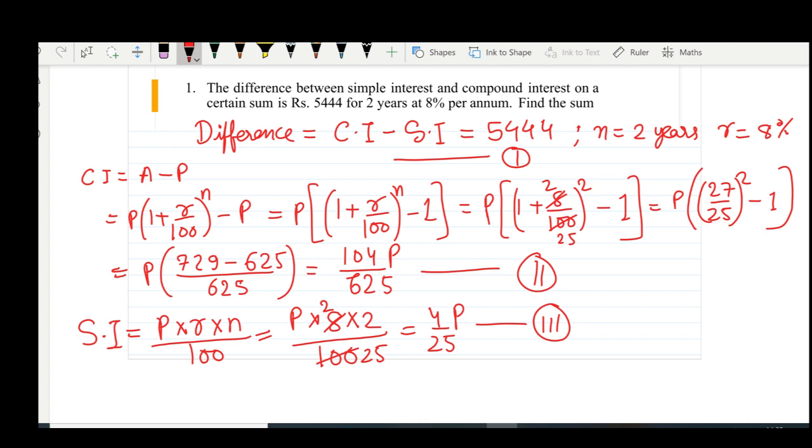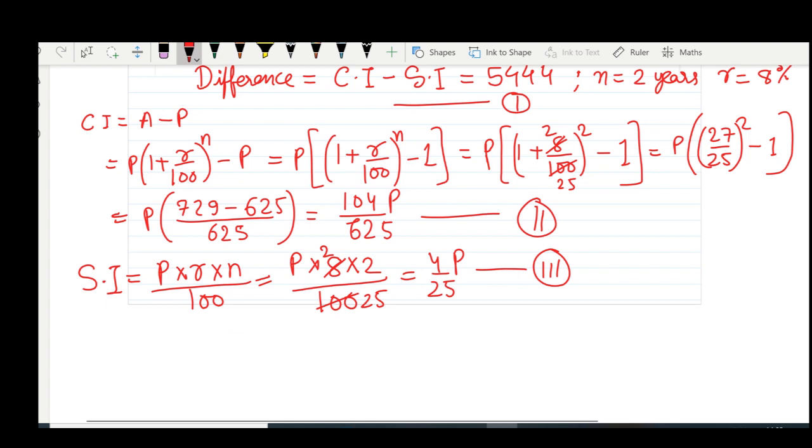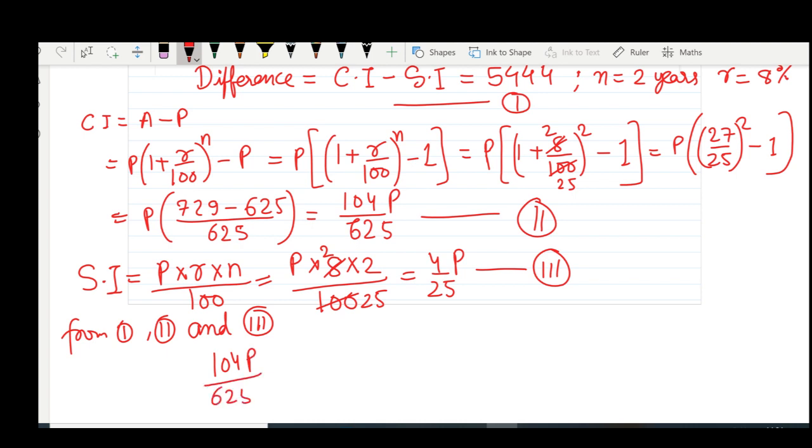Now from equations 1, 2 and 3, what we have is 104P upon 625 minus 4P upon 25 is equal to 544.